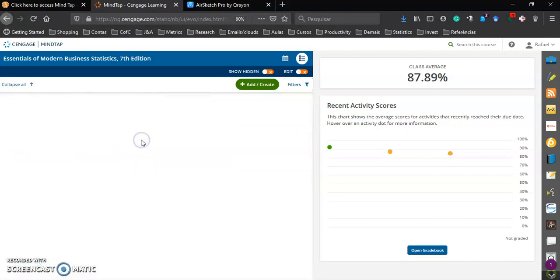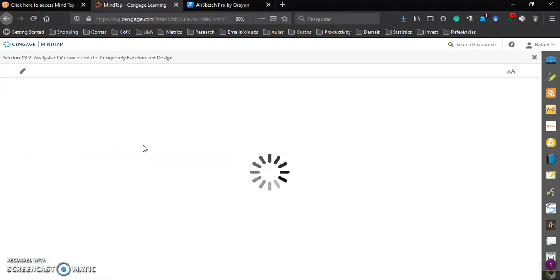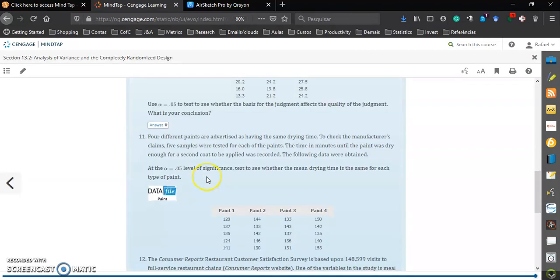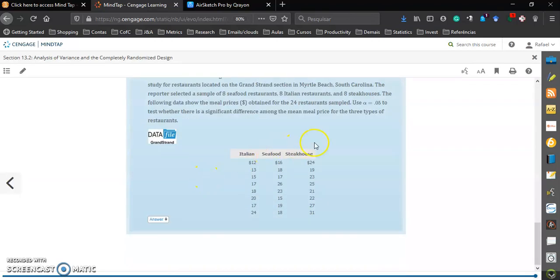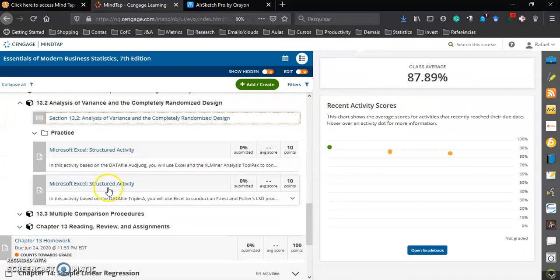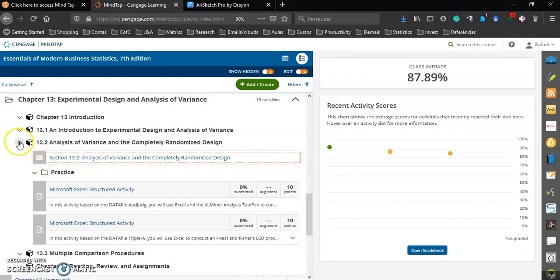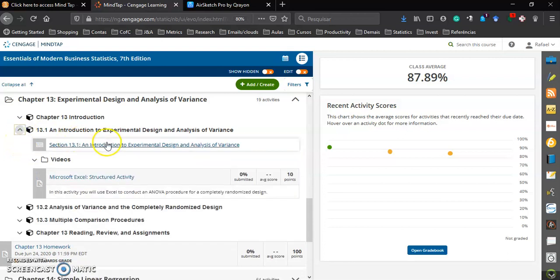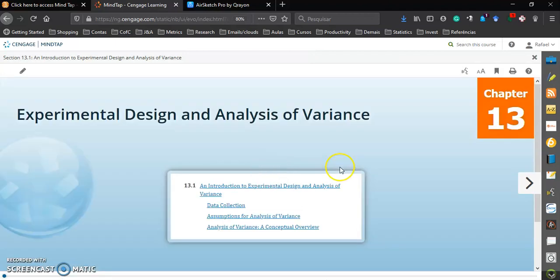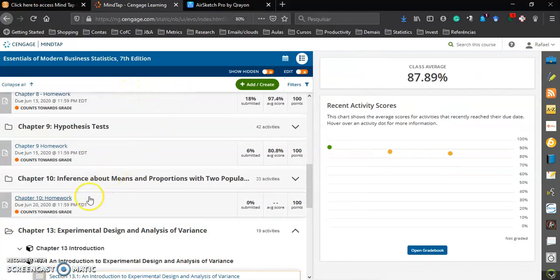I don't remember. This is all raw data. Some of them are not raw data, but let me see if I can find one. I don't have any problem here. Otherwise, I can open the homework to show you. No, let me open the homework to show you.